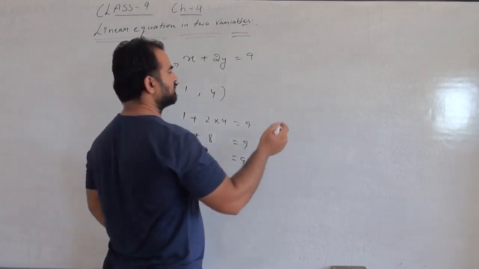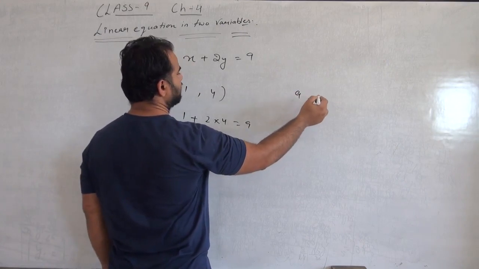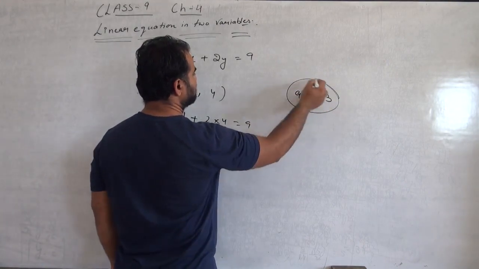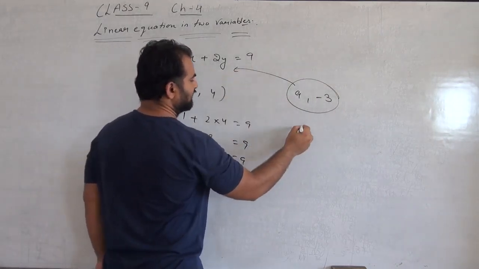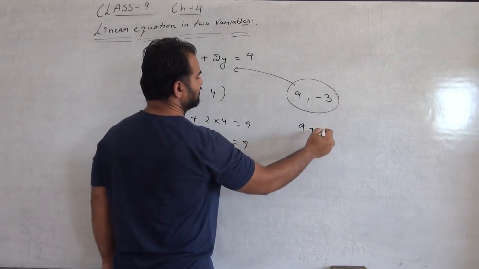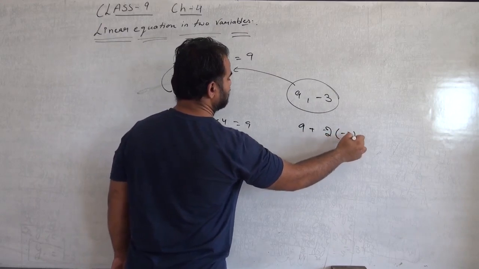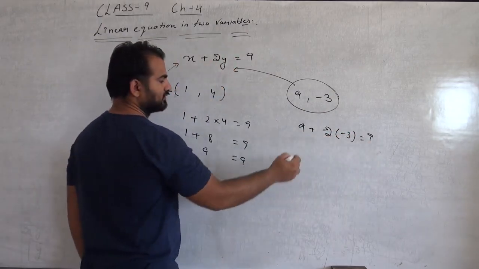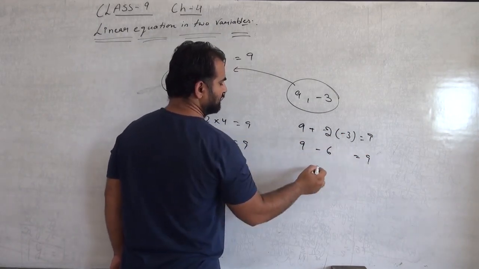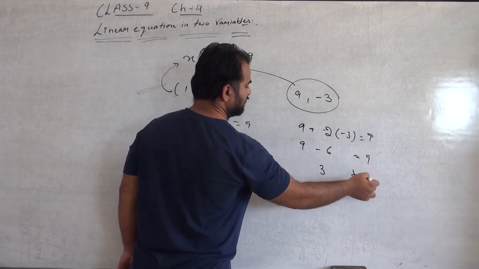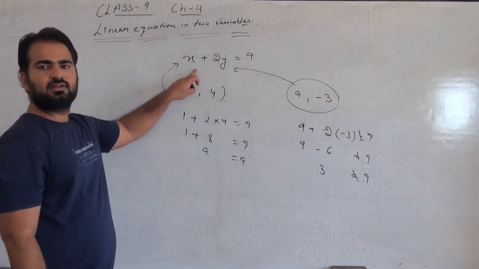Like another question, we have to check whether 9 comma minus 3 satisfies this equation or not. Place 9 at the place of x and minus 3 at the place of y. 9 plus 2 into minus 3 equals to 9 plus minus 6, and 9 minus 6 is 3, which is not equal to 9. It means that this point does not lie on this given line.